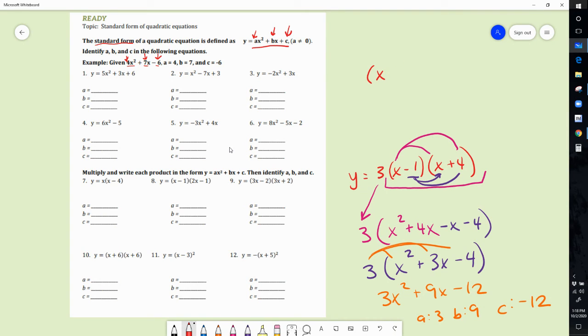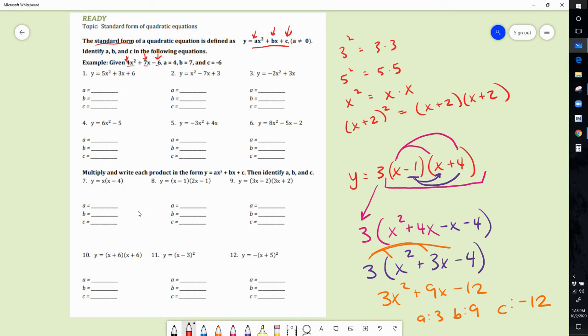If I said 3 squared, that means 3 times 3. If I say 5 squared, that means 5 times 5. If I say x squared, that means x times x. So if I say x plus 2 squared, that means x plus 2 times x plus 2. Once you get there, you multiply out like we just talked about.